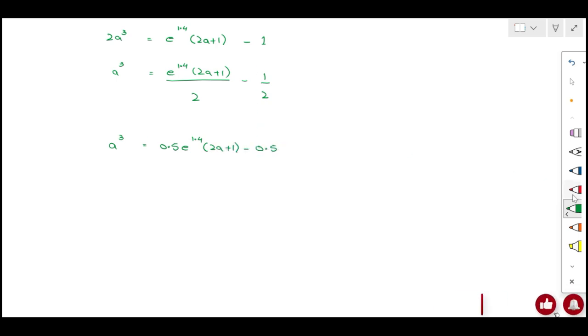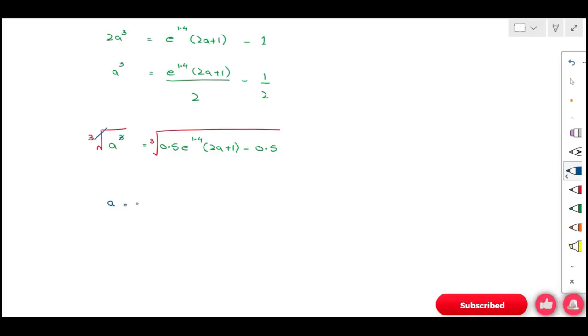Okay, now taking the cube root on both sides, so cube root over here and cube root of this side as well. So when we take the cube root on both sides, this cancels out, so a would be equal to the cube root of 0.5 e to the power 1.4 into 2a plus 1 minus 0.5, right?